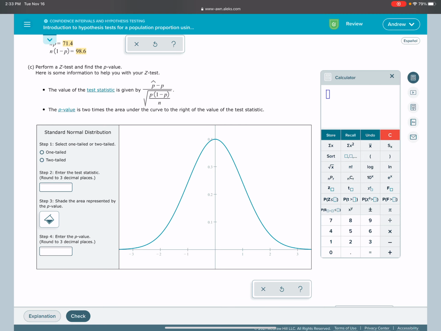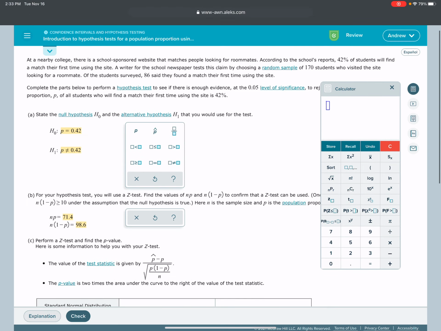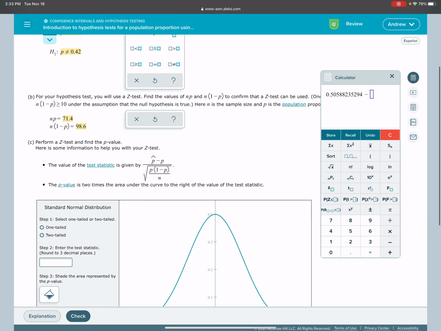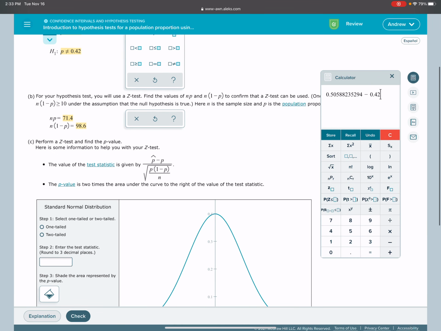So my P hat, again, was 86 divided by 170. So I'm going to do 86 divided by 170. I'll show you how to do this in the calculator. Now, that's my P hat, minus my P, which is 0.42. That's the numerator. Now if I take that number and I divide it by the square root of 0.42 times 0.58 divided by, whoops.